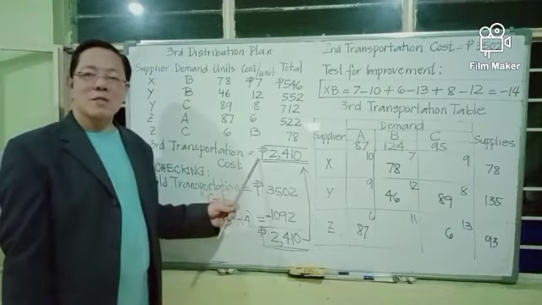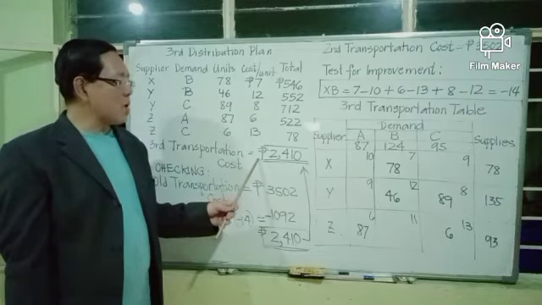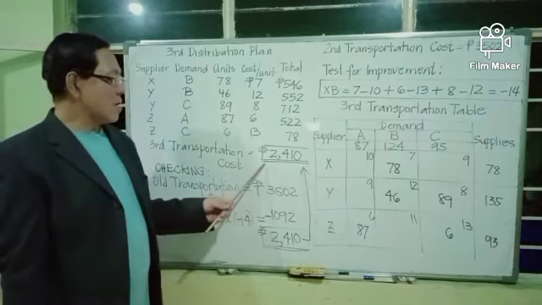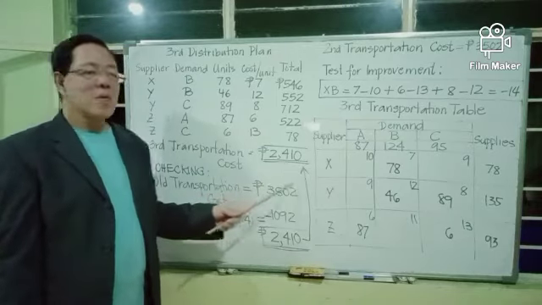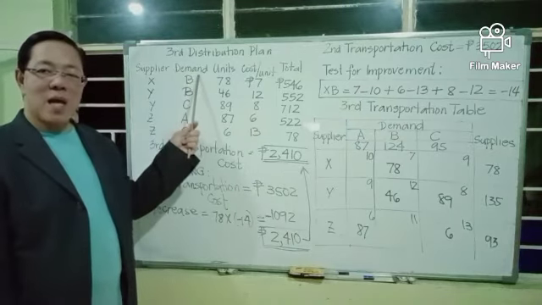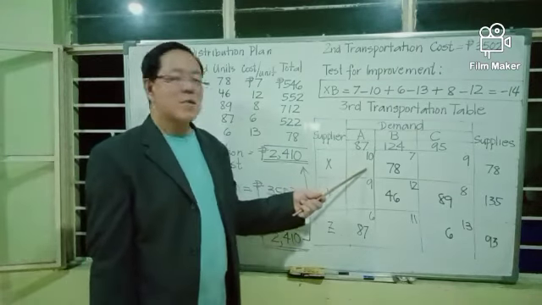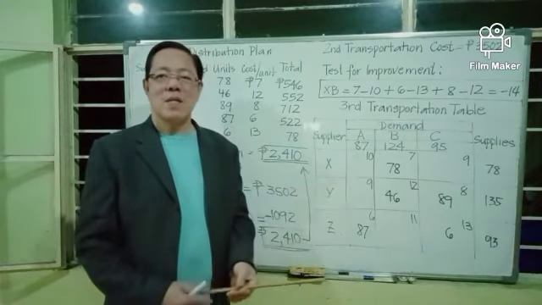So this transportation cost of 2,410 pesos is correct. This is the transportation cost for the third distribution plan that corresponds to the third transportation table.